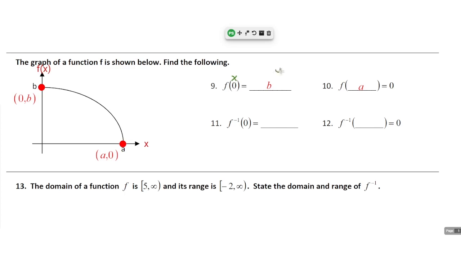Talked about that in the last section. When you start talking about the inverses, you're going to swap the x and y. So here we're looking for the y value 0, and it's asking which x value corresponds to that y value of 0. So looking at these 2 points, we can see that when the y is 0, the x is a. F inverse of 0 is a.